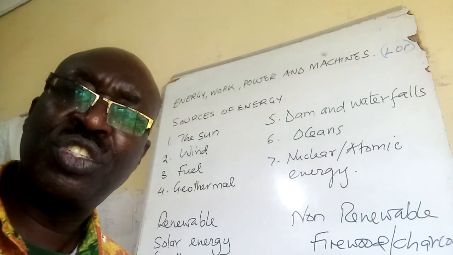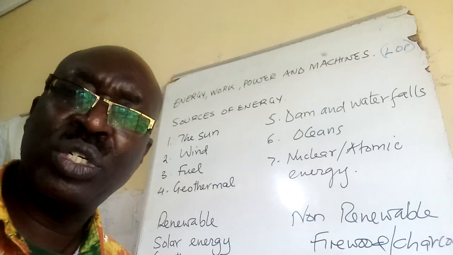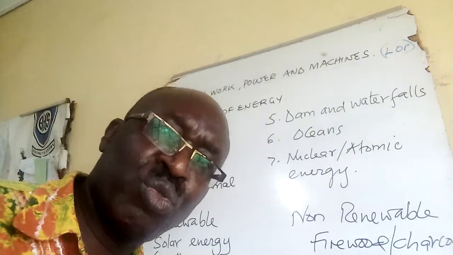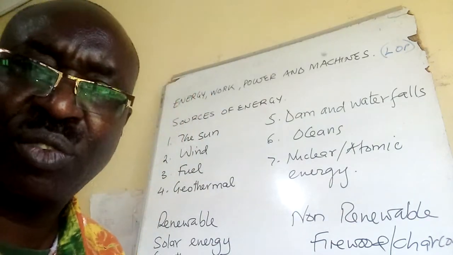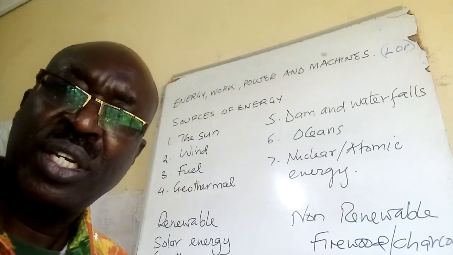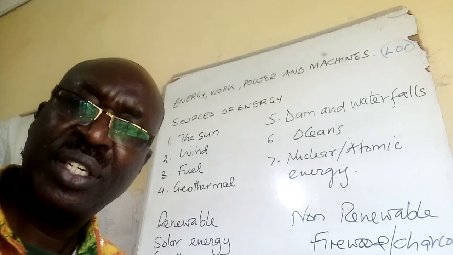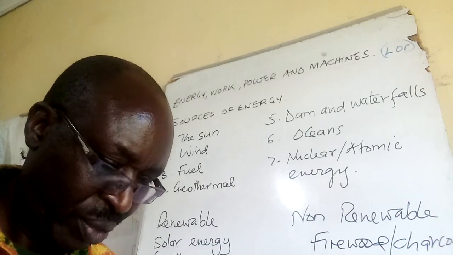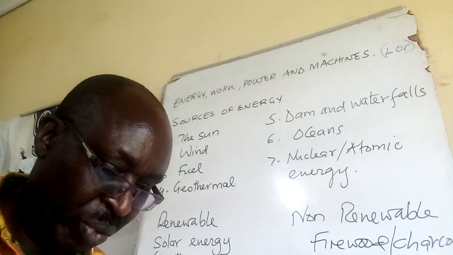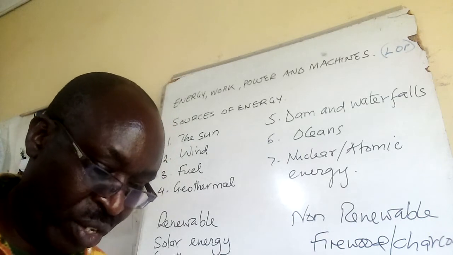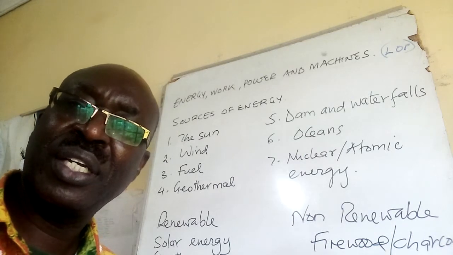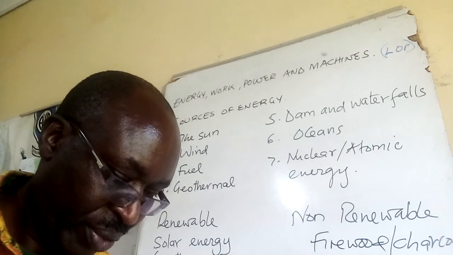If you see a boat that has been anchored, you will see it trying to swing because of the waves and the tides. They possess energy. So what do we say? Tides and waves possess energy which can be converted to other forms.